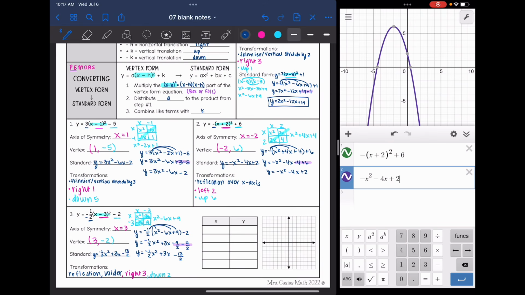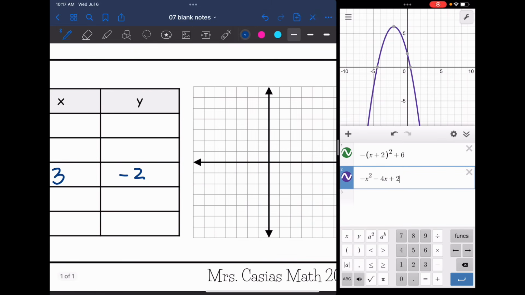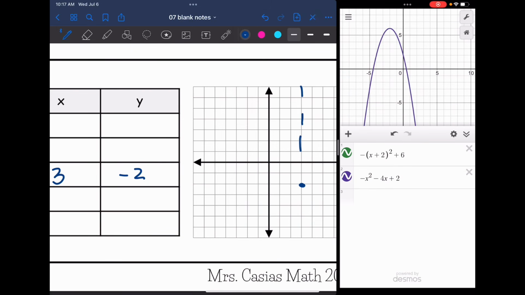So now I need to make a table for this and graph it. So the vertex is going to go in the middle of my table at 3, negative 2. And I'm going to go ahead and plot that, 3, negative 2, and my axis of symmetry goes in between.